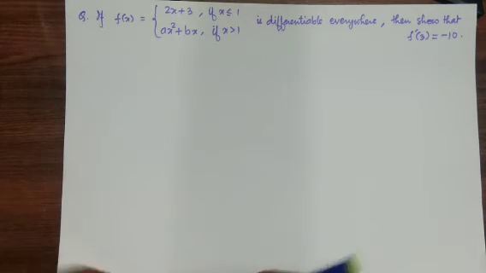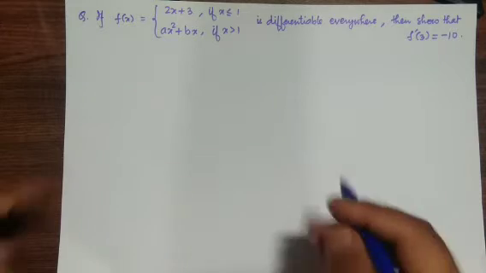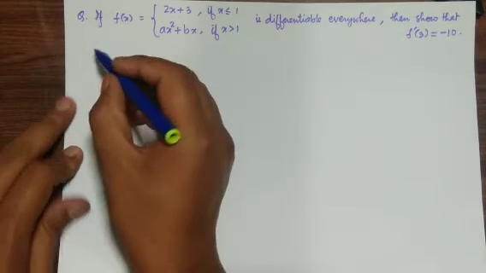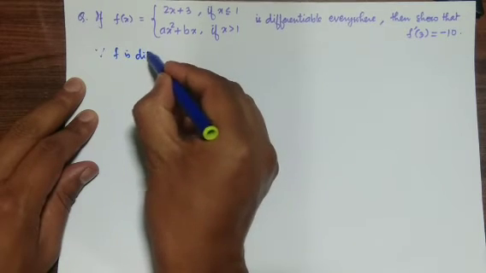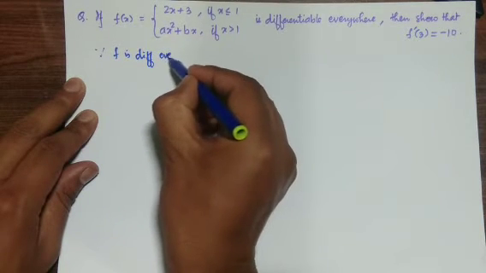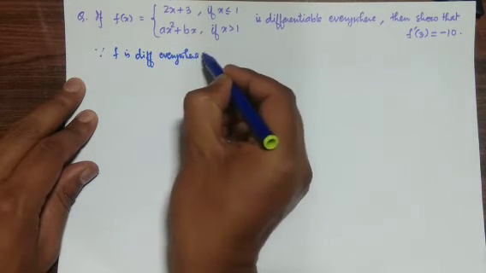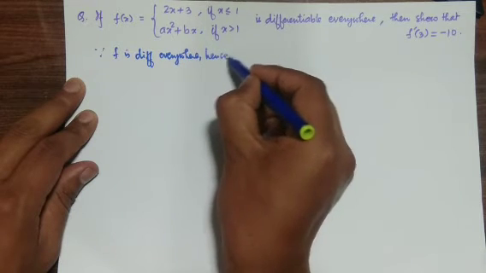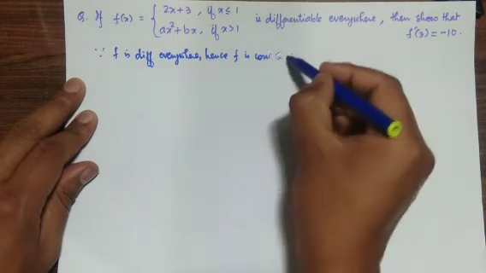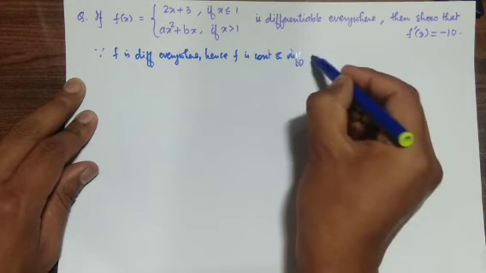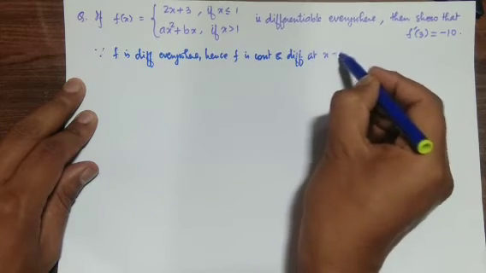So first let's check the continuity. First you need to mention that since f is differentiable everywhere, hence f is continuous and differentiable at x equals 1.